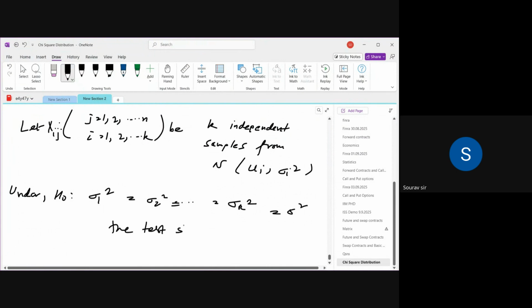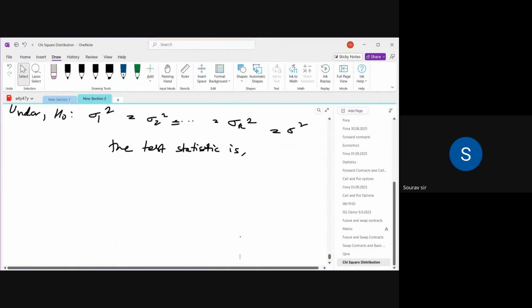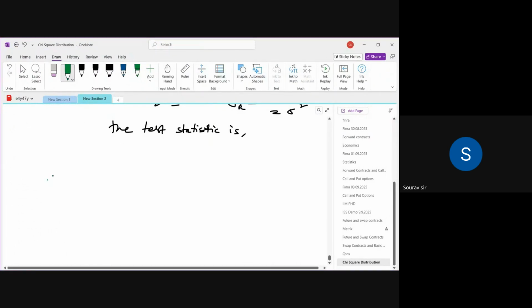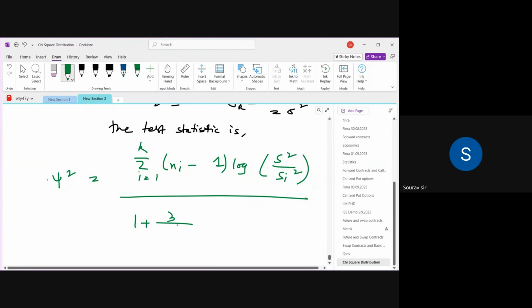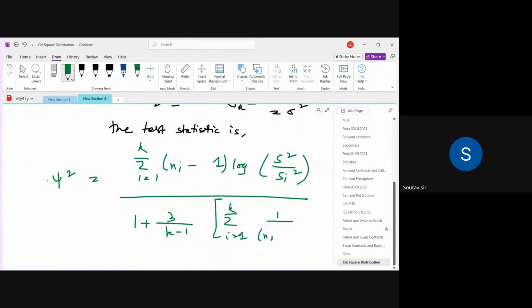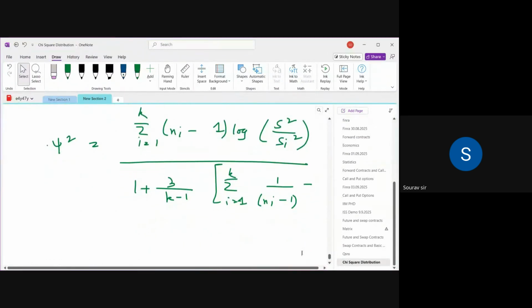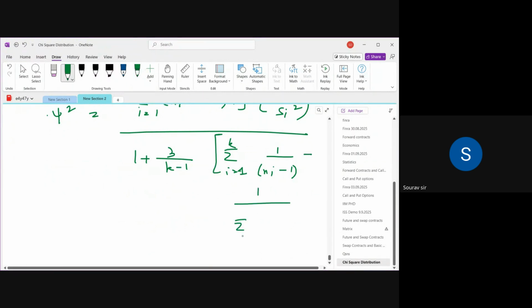So the test statistic is written as: summation of i from 1 to k of (ni minus 1) log of (s square by si square), divided by 1 plus 3 by (k minus 1) times [summation of i from 1 to k of 1 by (ni minus 1), minus 1 by summation of (ni minus 1)].